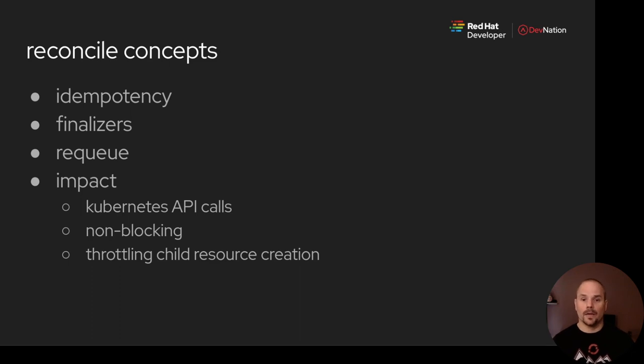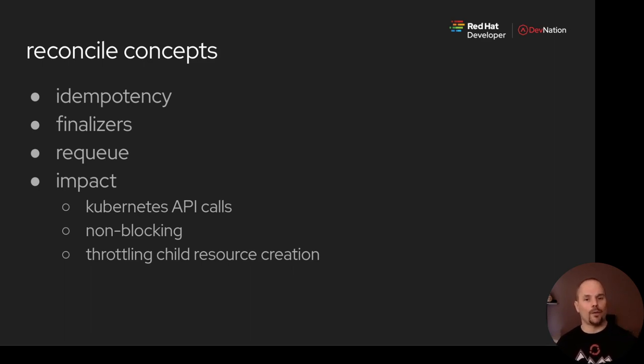Along those lines, keep in mind that we are making calls back into Kubernetes very frequently inside of an operator. We're going to ask for the resource and to get its current state, and we're going to be making calls into Kubernetes to deploy pods and other resources. So we're going to want to be cognizant of the fact that there are other workloads on the cluster itself.